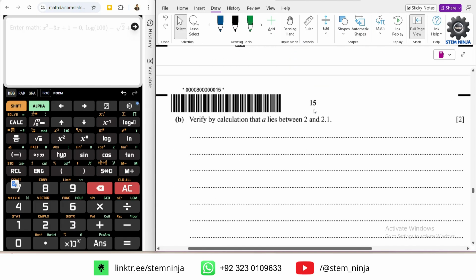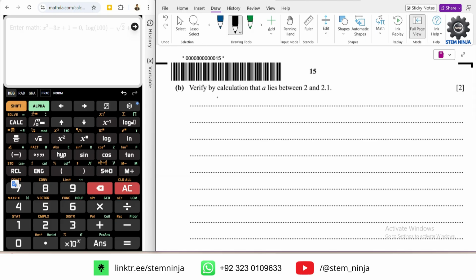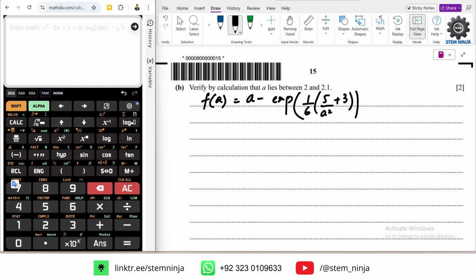Verify by calculation that a lies between 2 and 2.1. So for example, if we denote a function f of a to be a minus e to the power of 1 over 6 times 5 over a squared plus 3. Okay, let's do that.